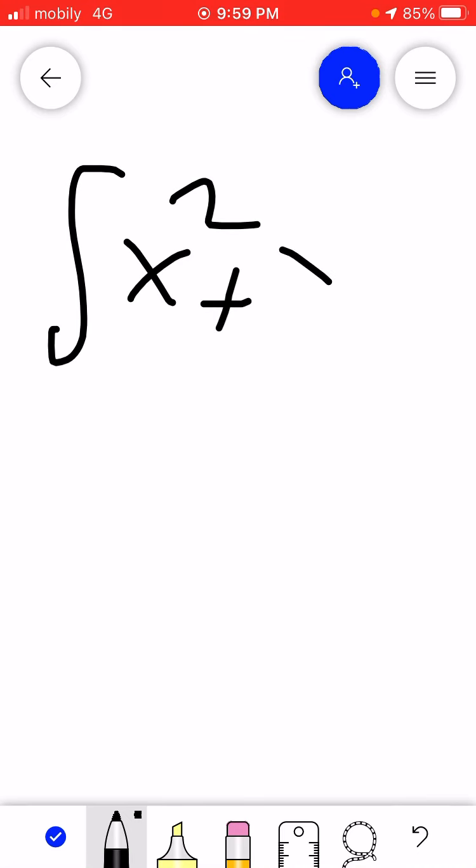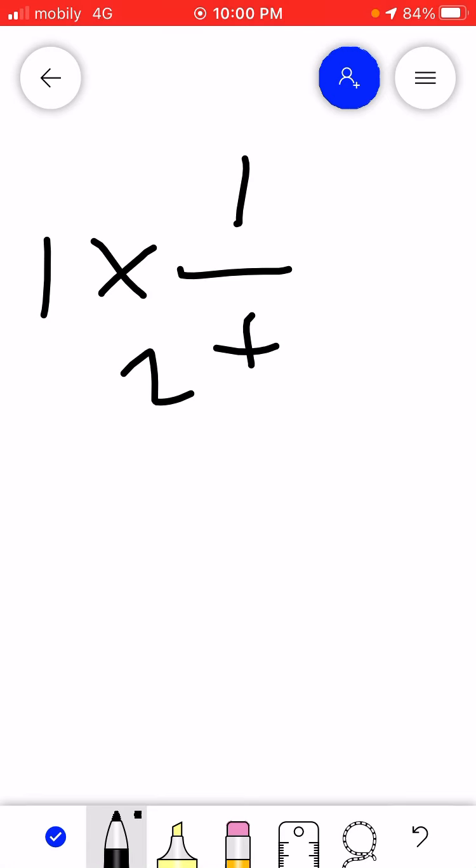And let's say that we need to find the area using the equation x to the second power plus x plus 1. Alright, so this is the equation first. Then we need to write this: x squared plus x plus 1.